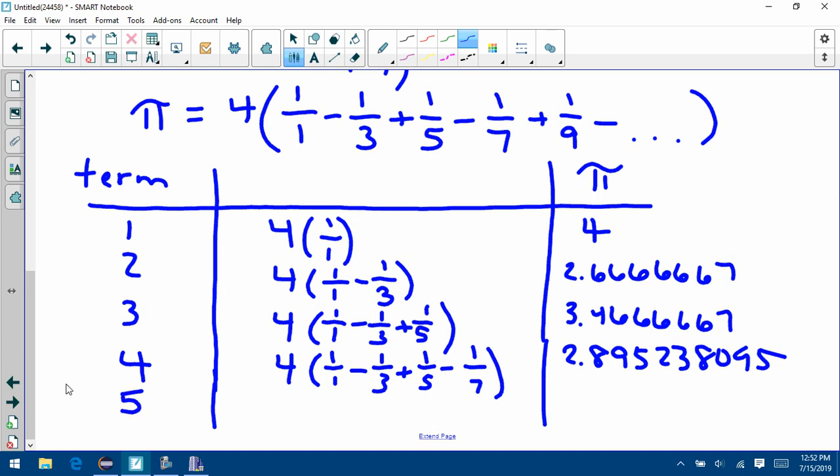Now think again about how the computer would do this. I have to start with the first term because I got to get that first piece. I got to go all the way up to the 5,000. Every time I'm either adding or subtracting, I'm alternating, 1 over the next odd number. So I already have from the last, if this was the 5th time through, I would have already had that calculated in sum, that's saved in sum.